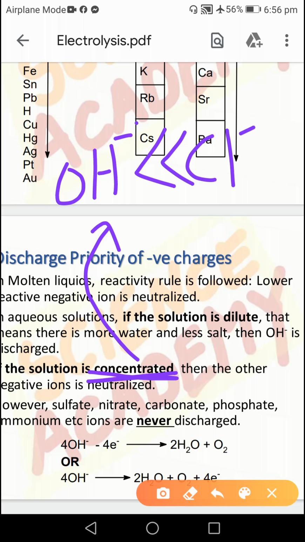So in concentrated cases, the hydroxide ion has a comparatively lower concentration than Cl minus. So in concentrated cases, Cl minus is going to get discharged. Okay, so that is the case.